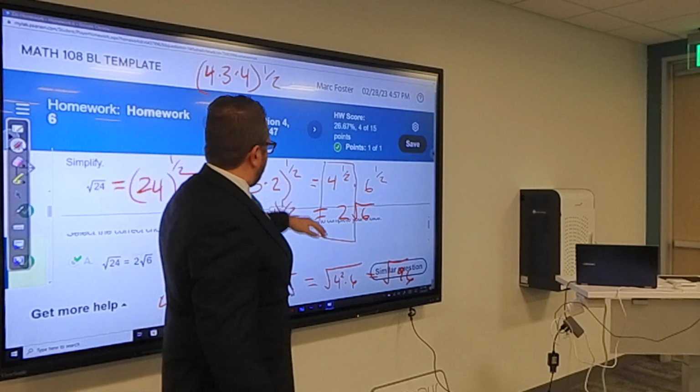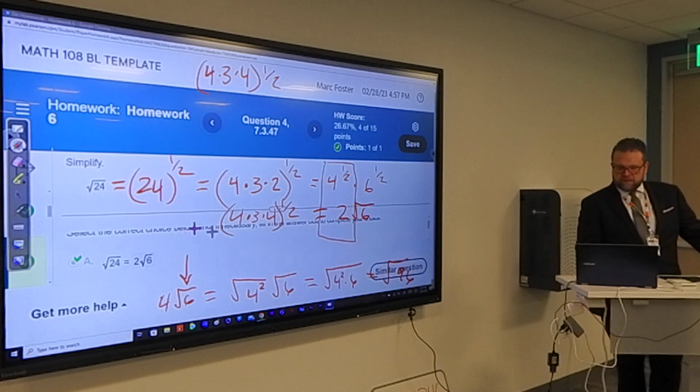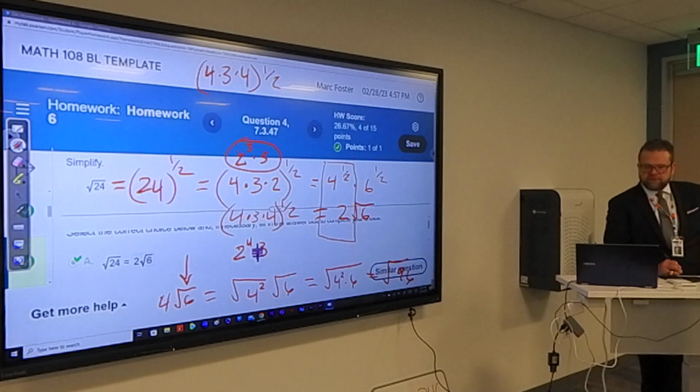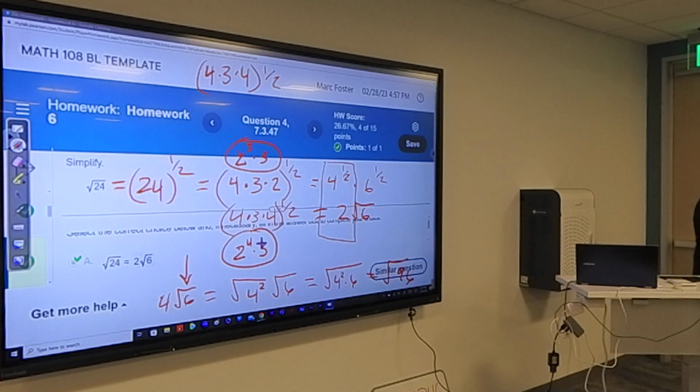What would the prime factorization be of 432? It'd be 2 cubed times 3. This one up here says 2 cubed times 3. This one down here says 2 to the 4th times 3. You see how there's an even number of 2's? I see 4. Okay, yeah, I see.